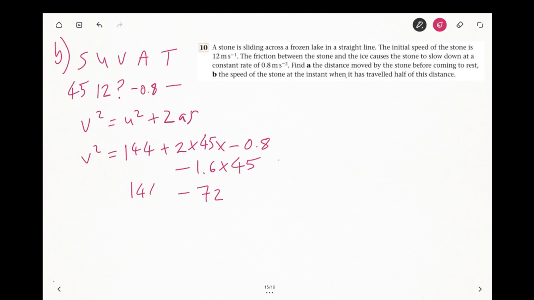So 144 minus 72 is 72. I then square root the 72 and I get 8.49 meters per second. Okay, and that's it done.